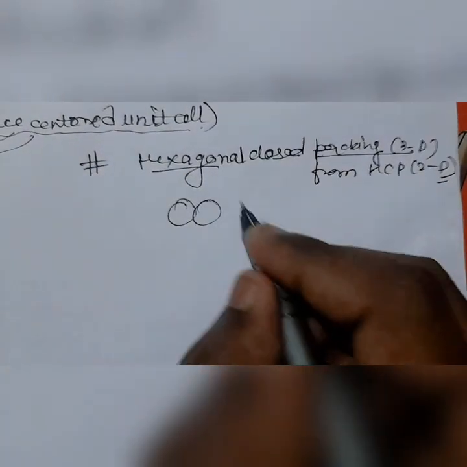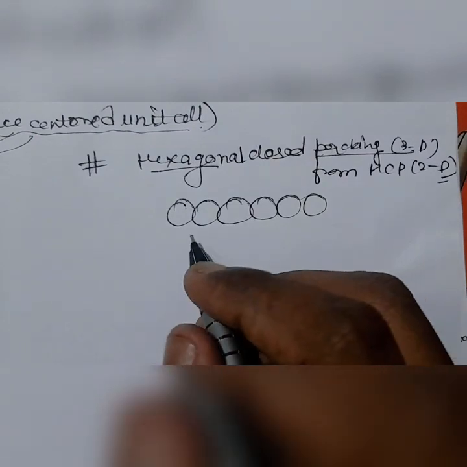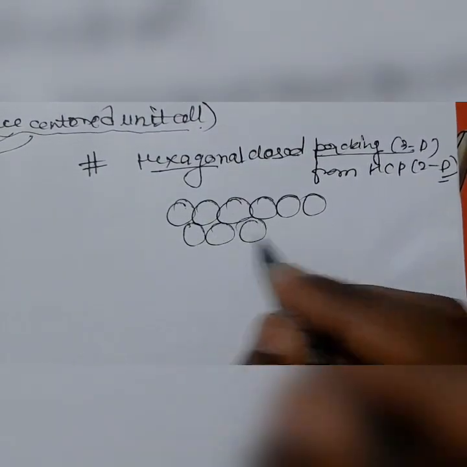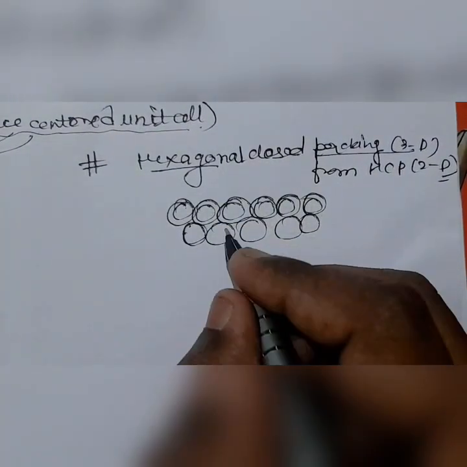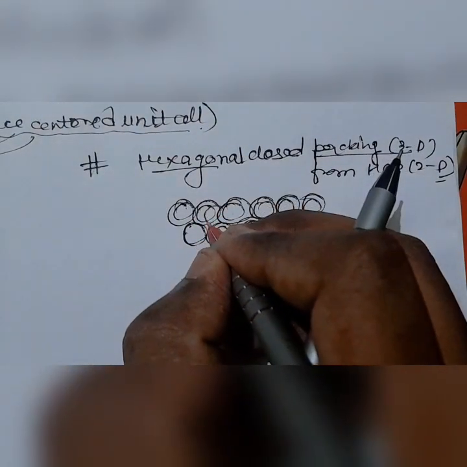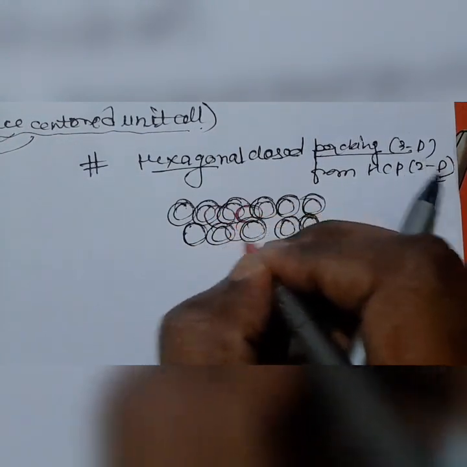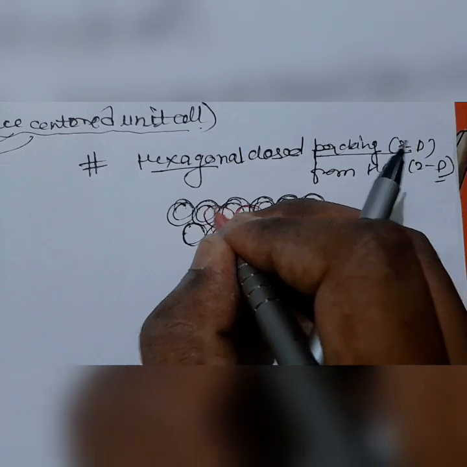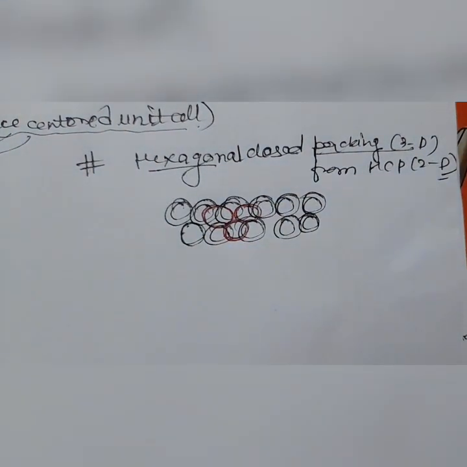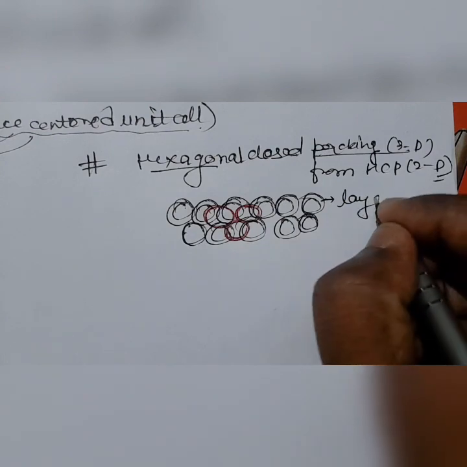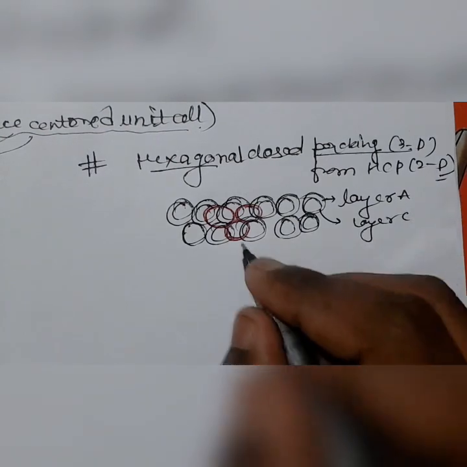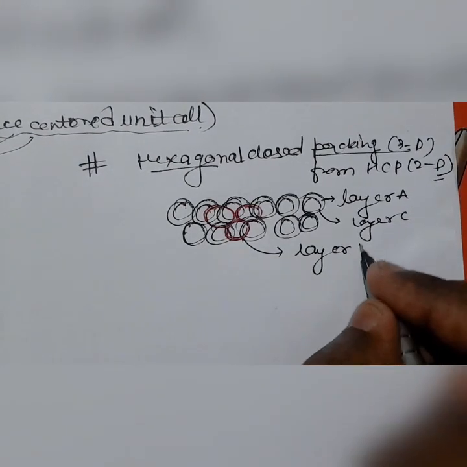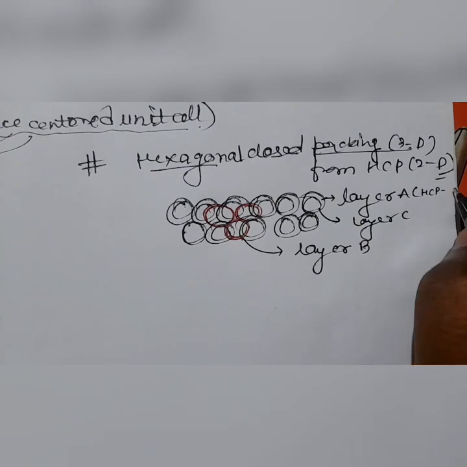If you are not able to understand, I have to draw it, I think. Okay, these are the layers, and they overlay, and through this I am going to show you. This is layer A, and this underneath is layer C. This is layer B. Layer A is formed by SCP 2D.